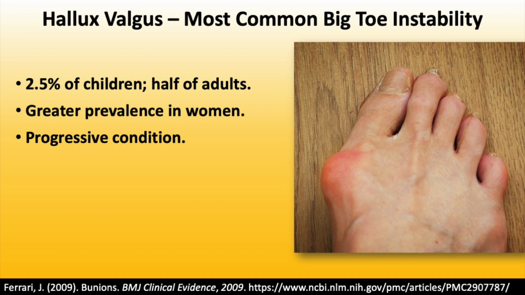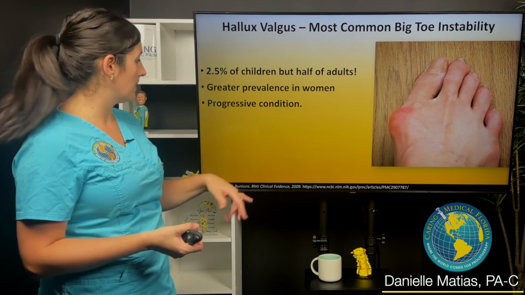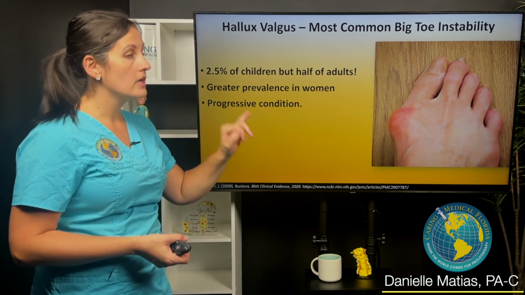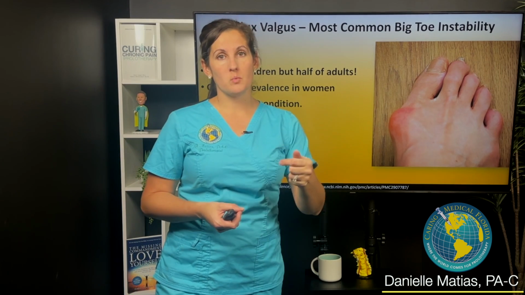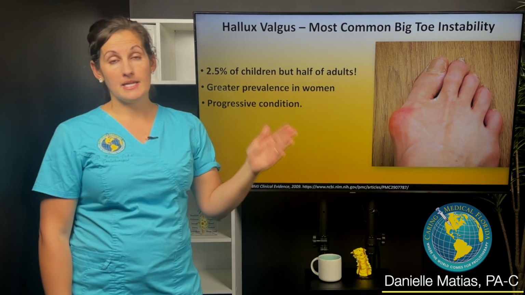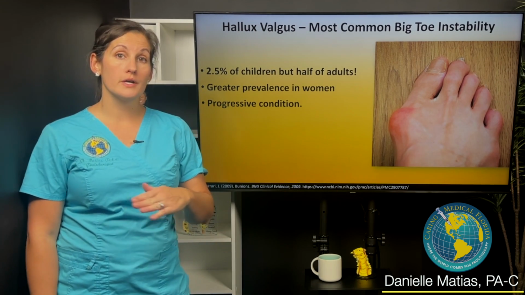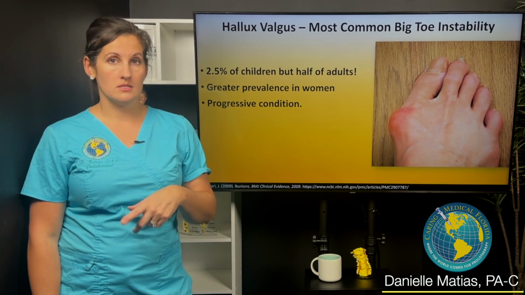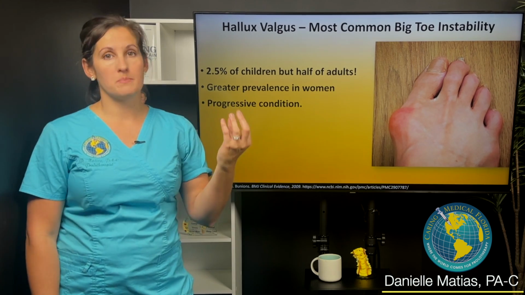A lot of adults have this condition, greater prevalence in women. This may be because of our choice of footwear, but other factors do play a part, and it is progressive. This means that it's not that you just wake up one day and all of a sudden this is what your foot looks like, right? It's a slow, progressive process where basically the joint instability gets worse to the point where your body starts to make more bone. This is how bone spurs develop.